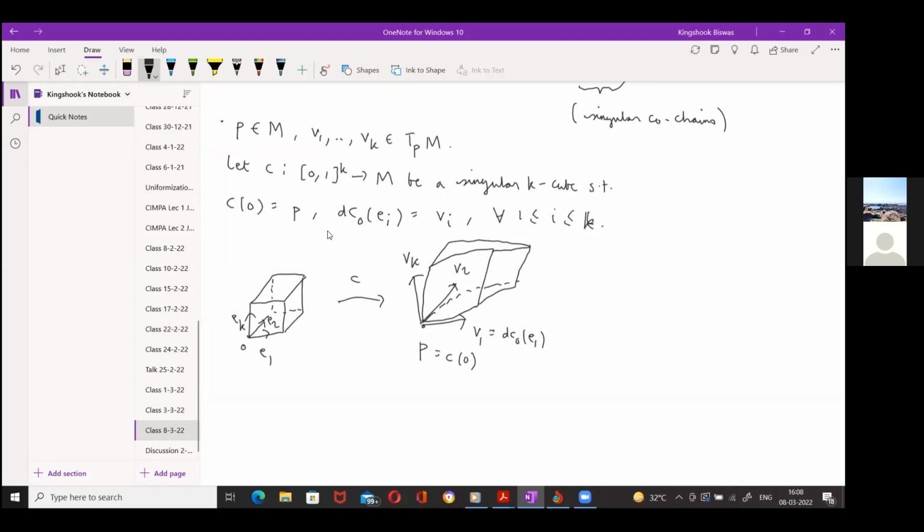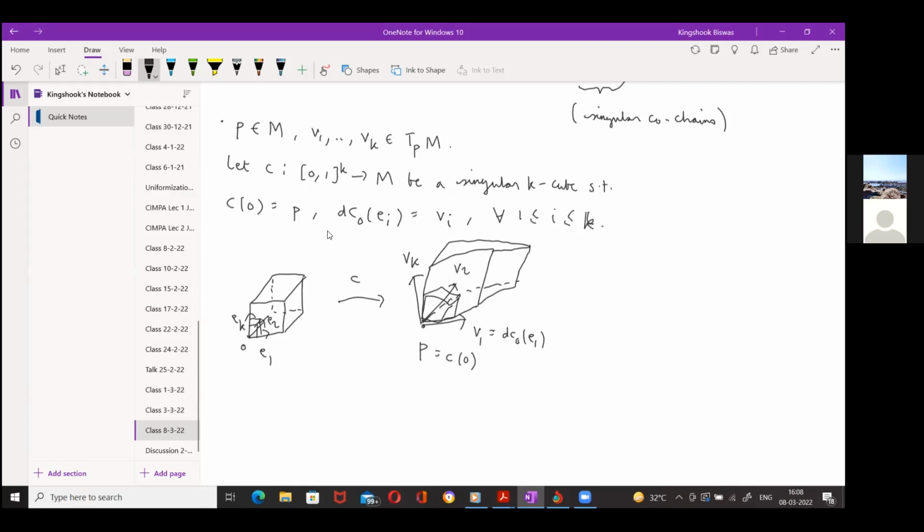Okay. So now what I want to do is look at small cubes. So I'm multiplying my original cube by epsilon. I get a small cube with sides epsilon, and then I look at the image of that small epsilon cube. That will look something like this, tangent to these directions.